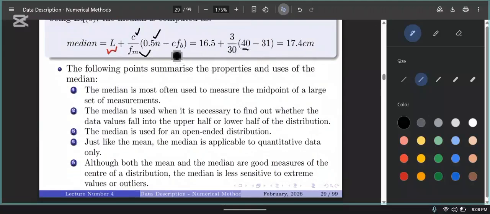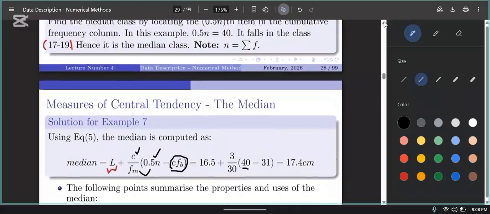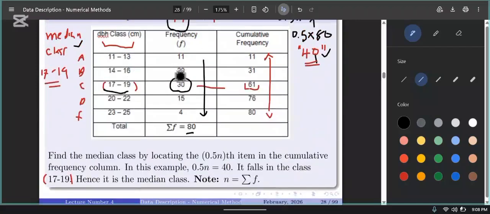Then lastly, the sum of the cumulative frequency before the median class. Our median class is 17 to 19. On the cumulative frequency, the one that comes before it is 31.